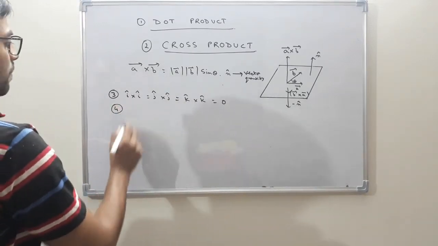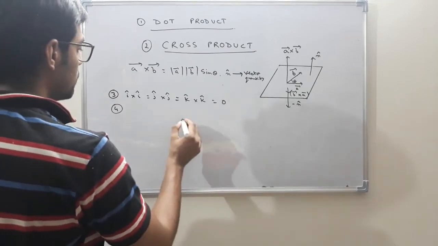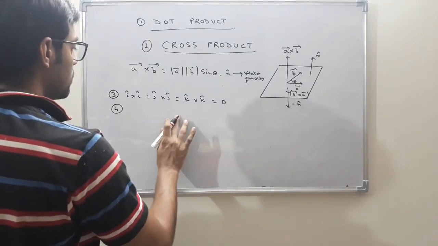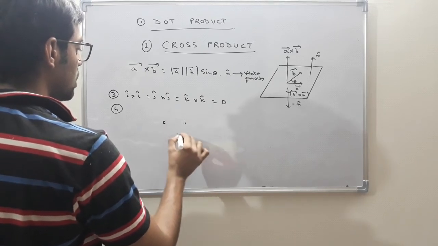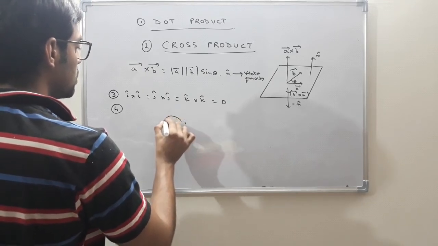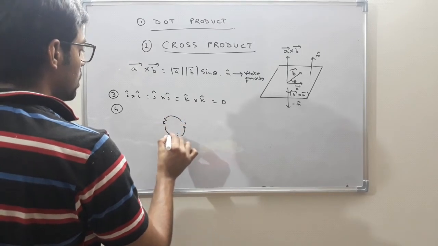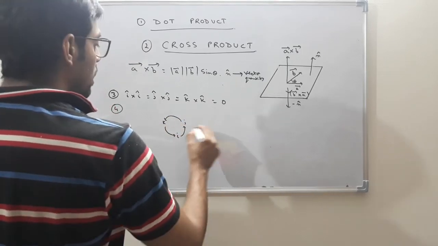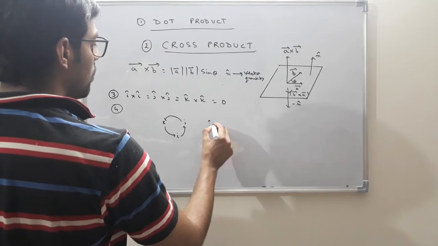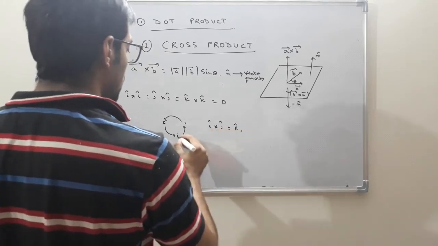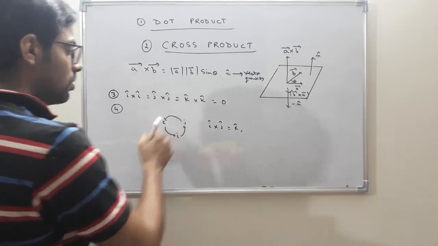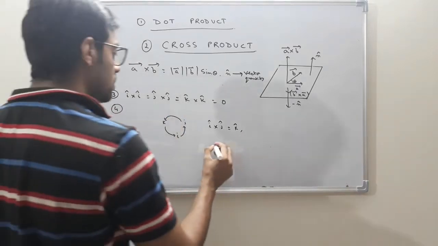But you need to remember one thing. Suppose I have I, J, K. Remember this notation. Here, you always remember I cross J results in K vector. We have taken this notation in the anticlockwise sense.